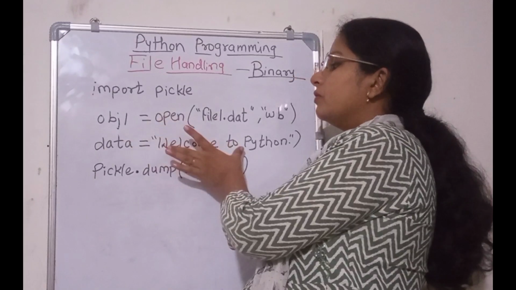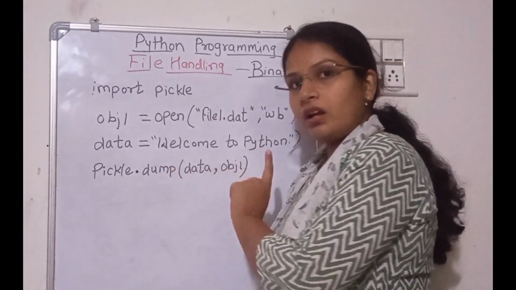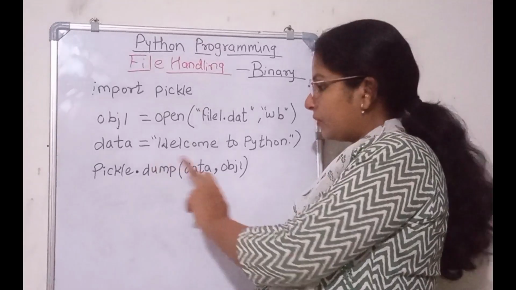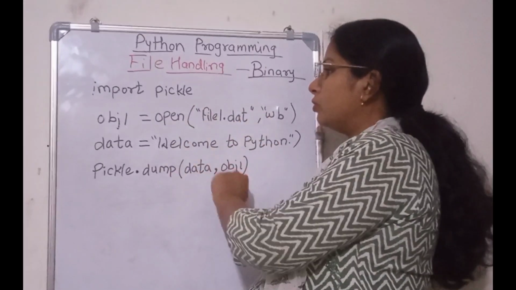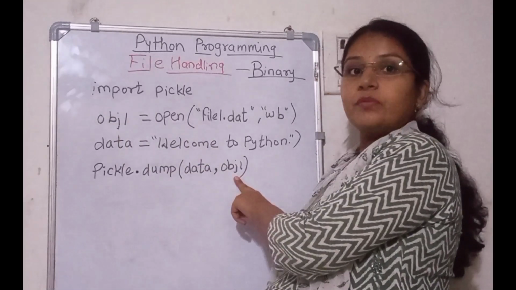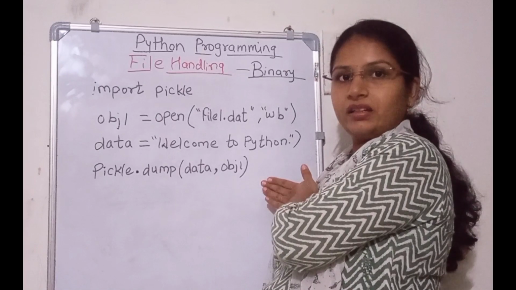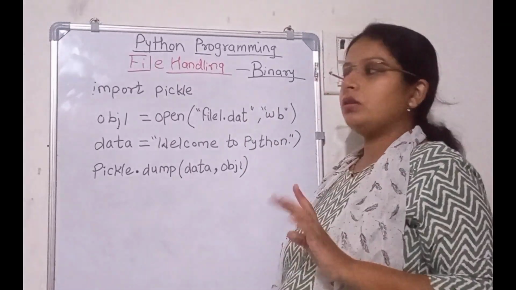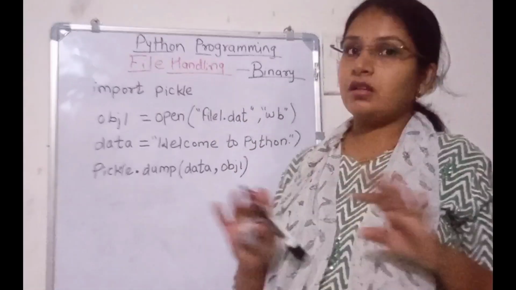Then this data needs to be written to the binary file using the dump method. So pickle dot dump. Here the first argument is your data object, then your file object, which is object 1. So by this line, your data will be successfully copied to file1.dat. Now your file1.dat is ready.